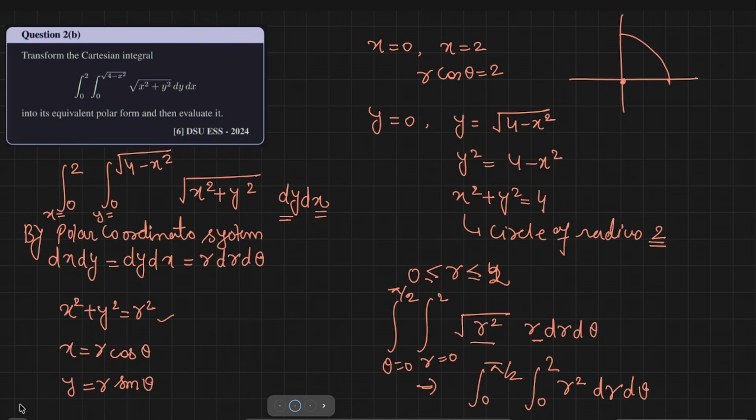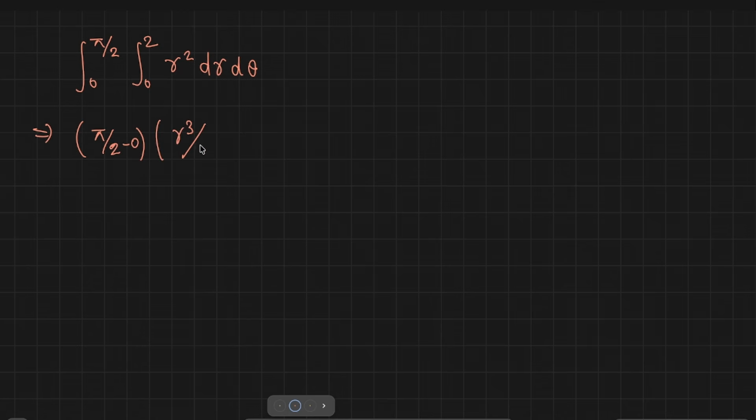So your integral is basically 0 to pi by 2 and 0 to 2 radius, r square dr d theta. So it is basically pi by 2 minus 0, times r cube by 3, 0 to 2. You will solve this, and we'll get the solution as 4 pi by 3.